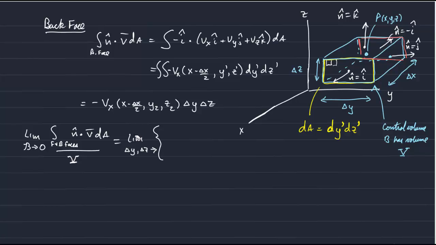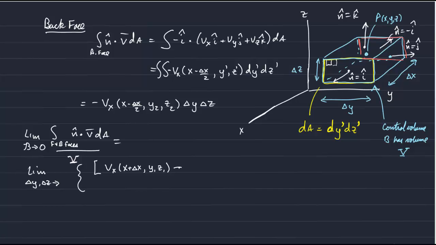I better give myself a bit more room here. It's the limit as delta y and delta z go to 0 of the front face, which gave me Vx evaluated at x plus delta x over 2, and at the particular point y1, z1, where the velocity was equal to the mean of the front face.